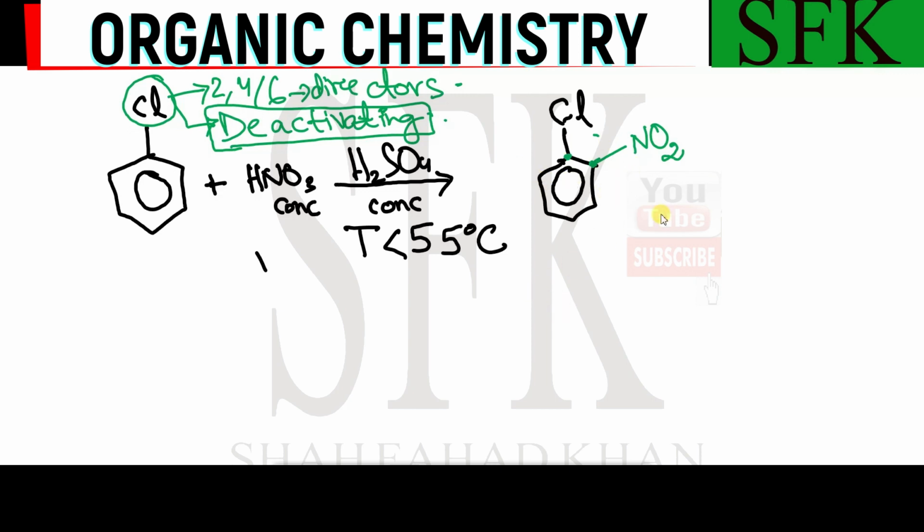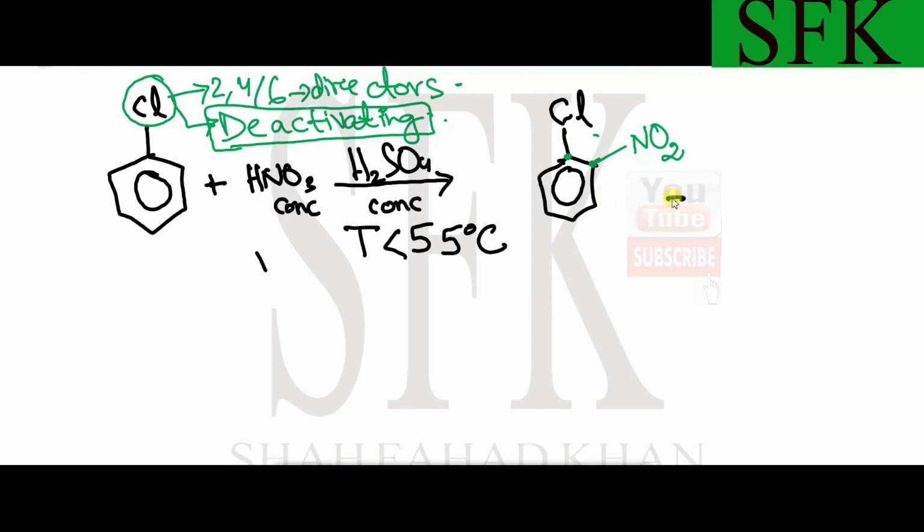Now, the second product that we have over here is 4-nitrochlorobenzene. The nitro group gets attached to the fourth carbon atom. Carbon 1 is the carbon containing the chlorine atom, and then with respect to that carbon, 2, 3, and the fourth carbon is this one.